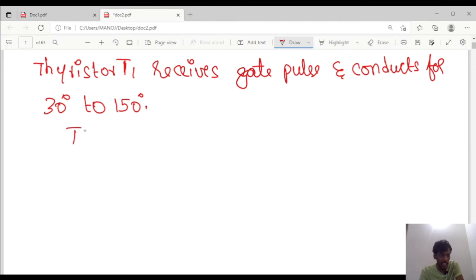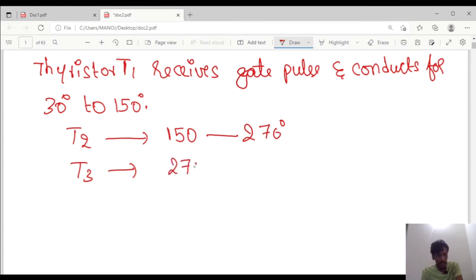Thyristor T2 will conduct from 150 to 270 degrees, and T3 will conduct from 270 degrees to 390 degrees. So for both continuous and discontinuous mode, these are the thyristor conduction time periods. We will see them one by one.